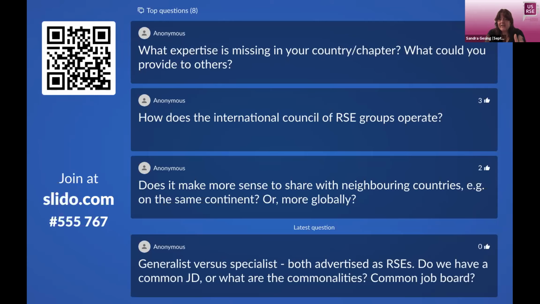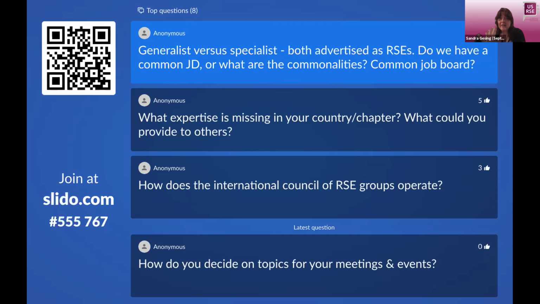I think we don't have a common job description yet. I look at examples from the UK and Germany, but in the US the landscape is a little bit different. What we do in the US is really look at existing job descriptions. We have some highlights, and we start to help with job descriptions. I think it's a little bit different between the different countries, but we can also look at the expertise, for example, and help each other with job descriptions.